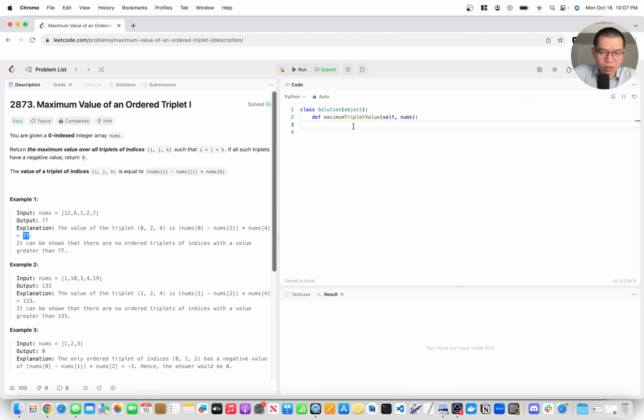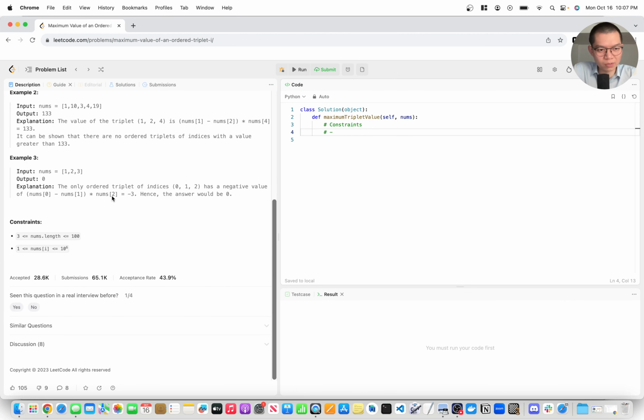Okay, so let's take a look at this problem right now. Let's take a look at the constraints and edge cases. That's always the number one thing you should take a look at when you solve a LeetCode problem: the constraints. 3 is less than or equal to nums.length, which is less than or equal to 100.